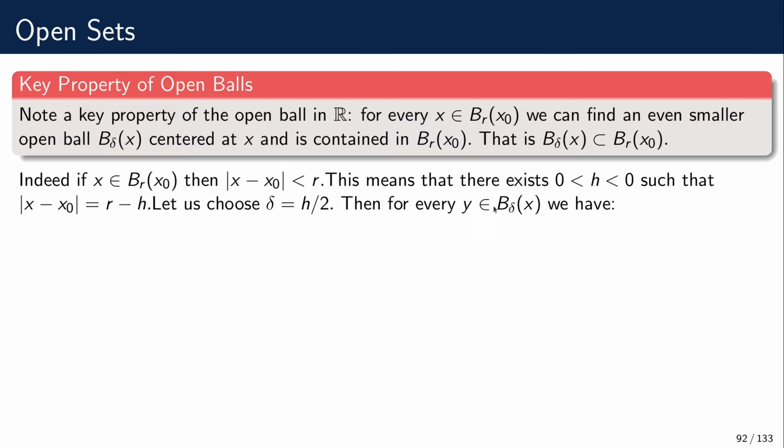Then for every y in this interval of length delta around x, let's see what we have. First of all, if the distance from y to x is smaller than delta, and delta is h half, right? And in addition, we also have that the distance between x and x0 is r minus h.